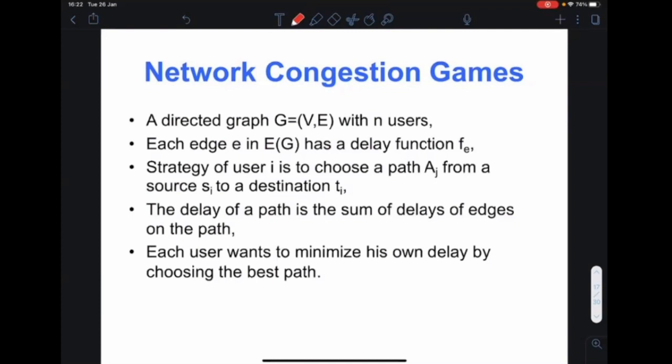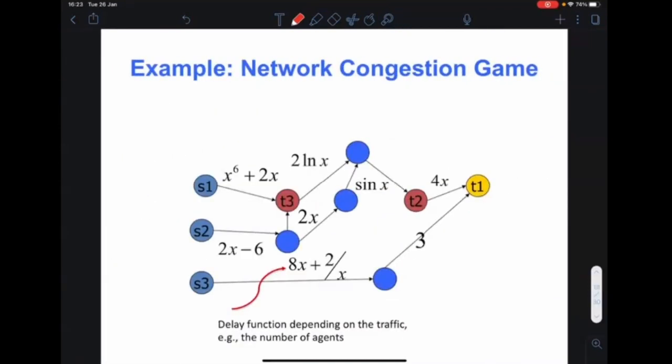So this delay function depends not just on yourself, but also on the other users or drivers who are on that road. That means that if more people are using that road, the delays will be larger. Here's an example.